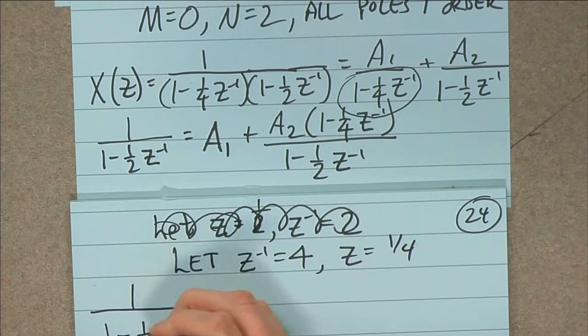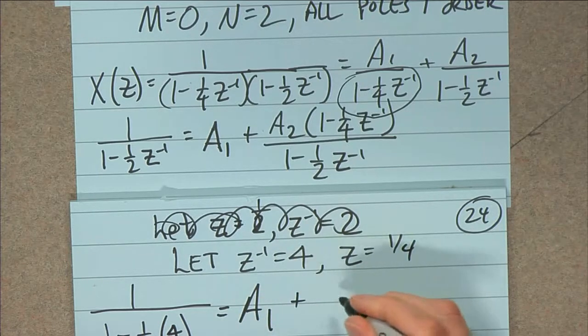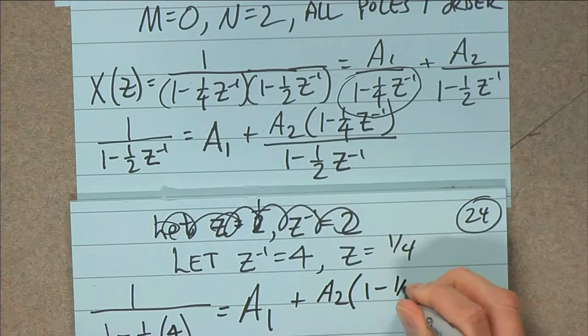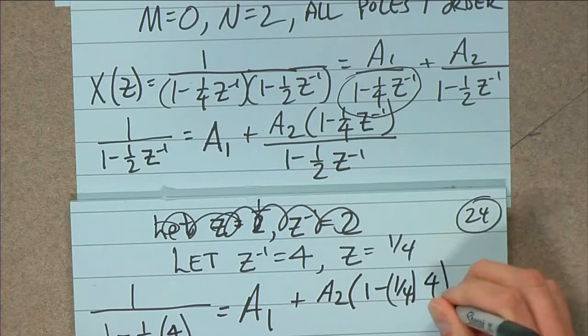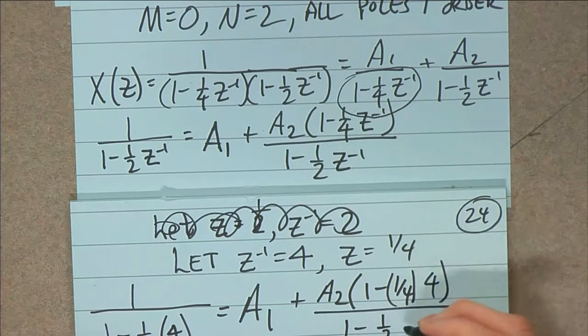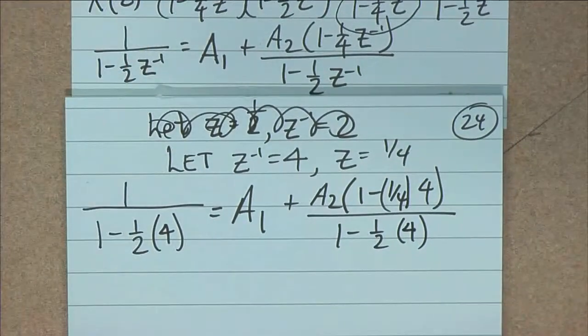So 1 over 1 minus 1/2 z inverse, where z inverse is 4, equals a1 plus a2 times 1 minus 1/4 z inverse, where z inverse is 4. So plugging all the variables in, we've got this.